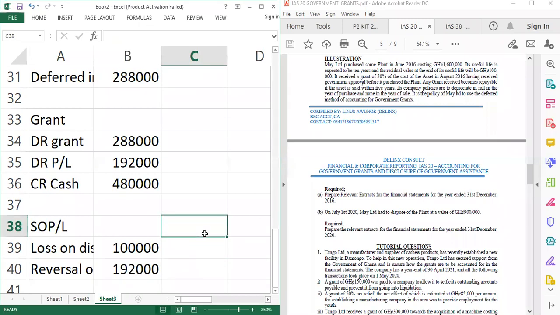So this is how we show it in the statement of profit or loss. The asset will not exist because we have sold it, so we won't show the plant in the statement of financial position.